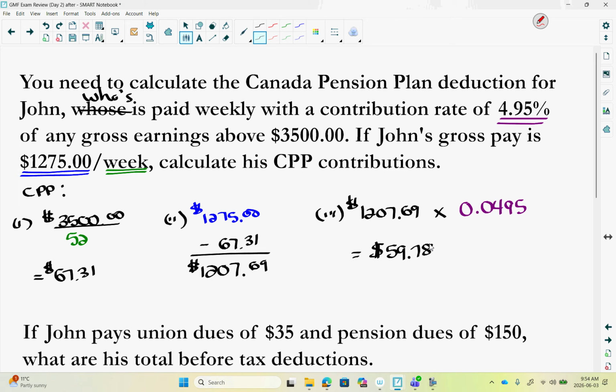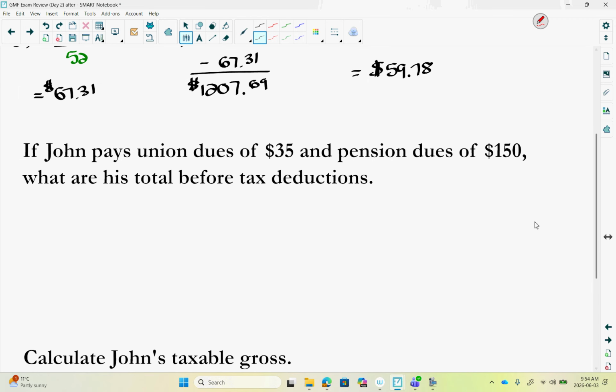Next part talks about his union dues and his pension, and it asks for the before tax deductions. What do I do with those two numbers? Anyone know what I do with the 35 and the 150?